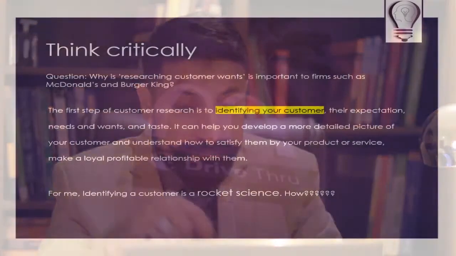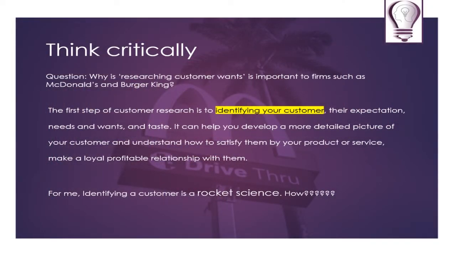Let's move on. The first step of customer research is to identify your customers, their expectations, needs, wants, and tastes. It can help you develop a more detailed picture of your customer and understand how to satisfy them with your product or service and make a loyal, profitable relationship with them.